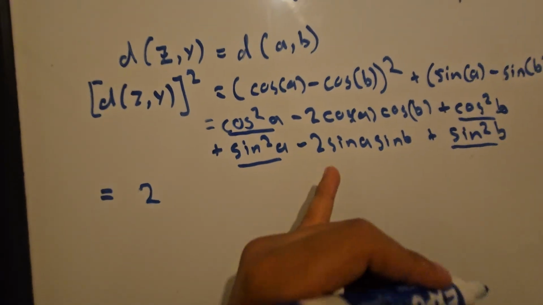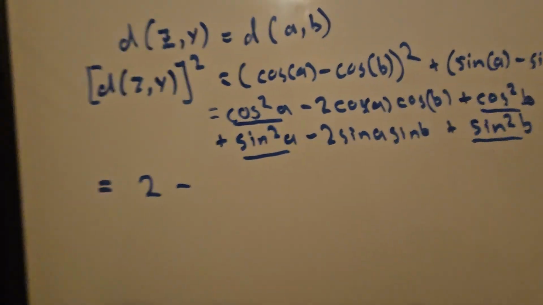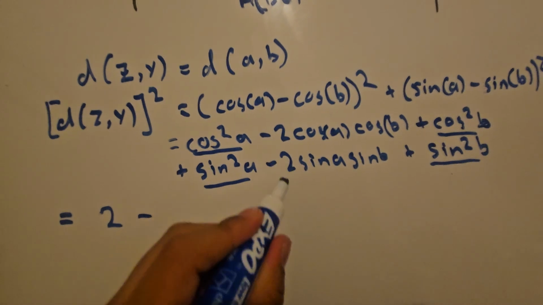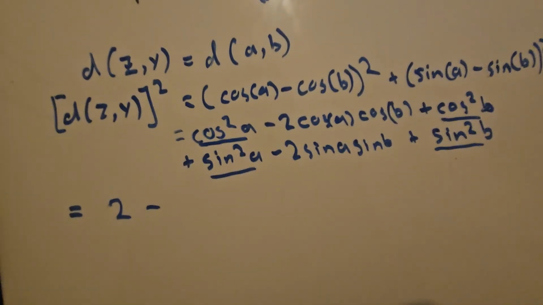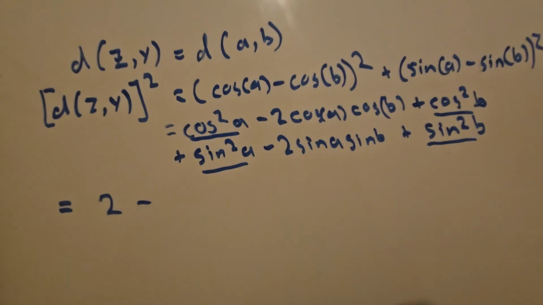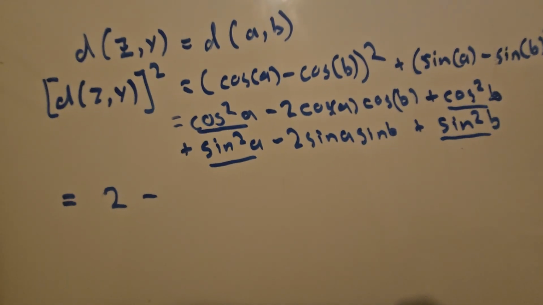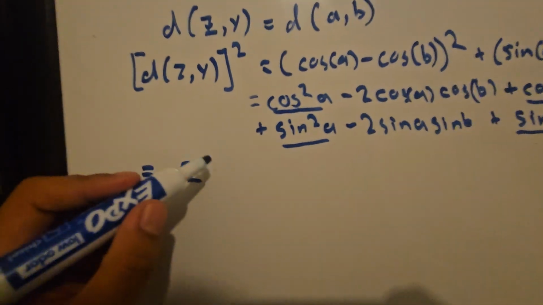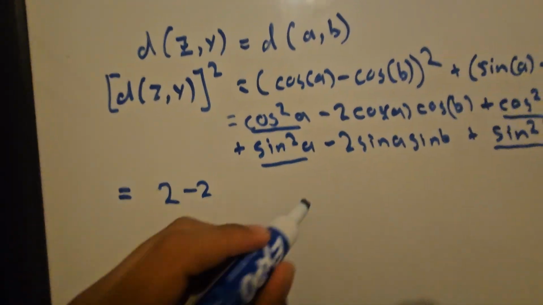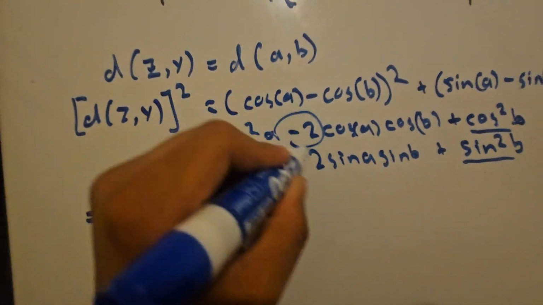2 minus, you see here, if we add these together, they have a -2 in common. So let's go ahead and factor out the -2, because both of these have a -2 in common.